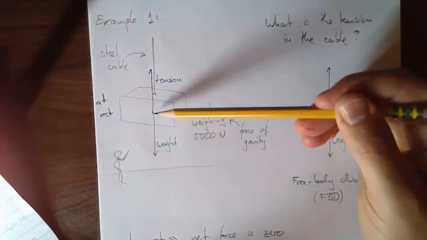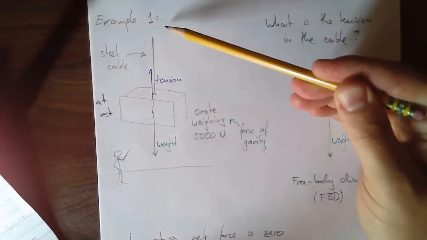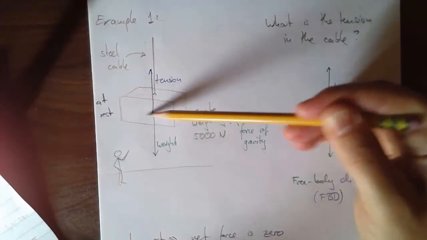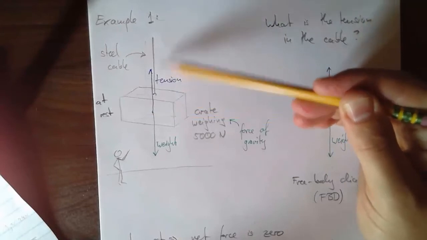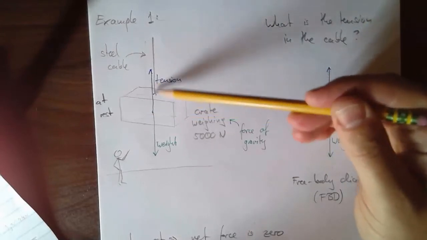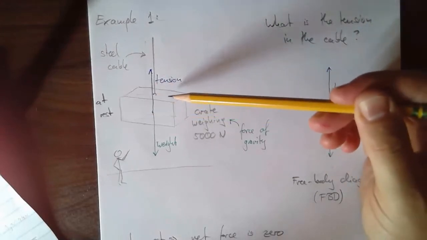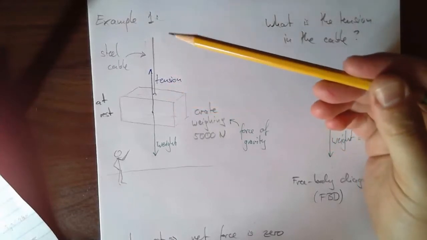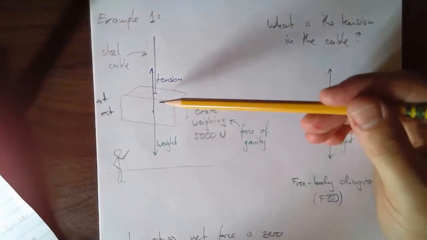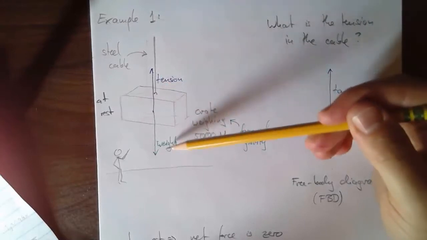If you wanted it to speed up upwards, like we pull it up, the crane is hanging and we want it to speed up in the upward direction, then for a while we need to increase the tension until it has the speed that we want, say 2 meters per second, and then we could just let the tension again be equal to the weight.